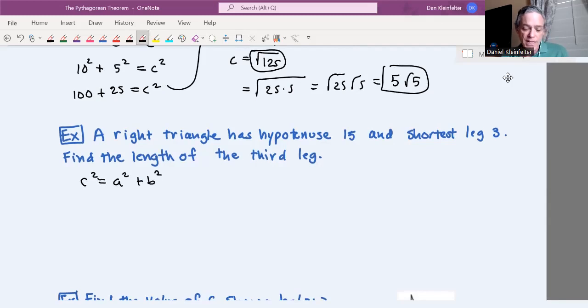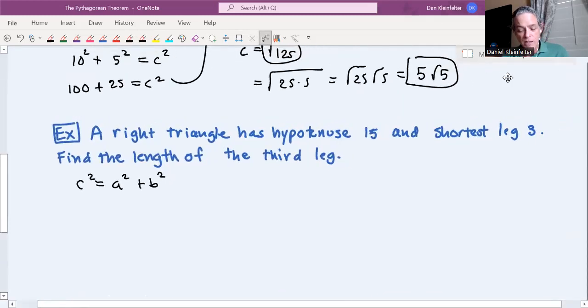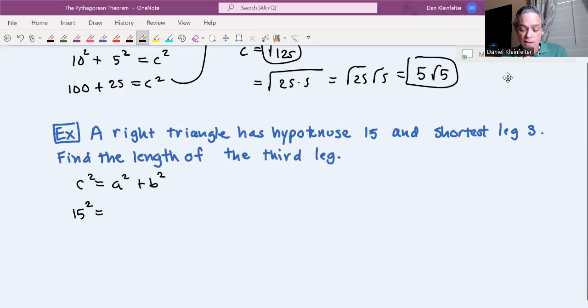Okay, so here we have c squared is a squared plus b squared. We're told that the hypotenuse, that's the c, is 15. So we have 15 squared is equal to 3 squared plus b squared. Here I've assigned the 3 to the a. It doesn't matter if you made the b be 3, then it will still be okay. 15 squared is 225, and then 3 squared is 9.